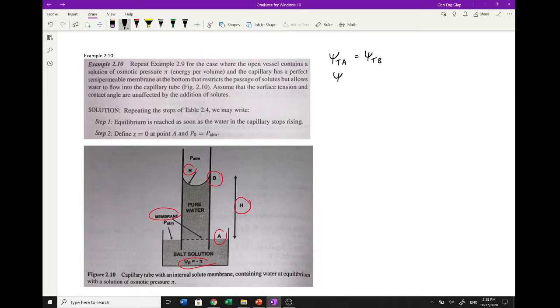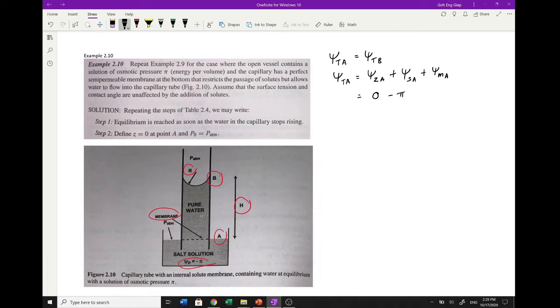For WTA, we account for the gravitational potential, the solute potential, and the metric suction. So we can write down the equation: at point A, the gravitational potential, we pick it as a reference point, so it's 0. For solute here, we have a negative pi, as given.